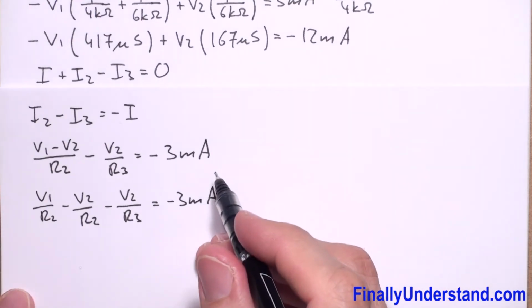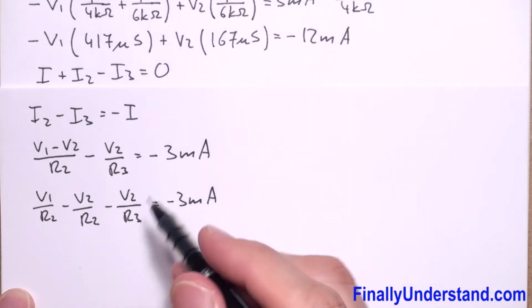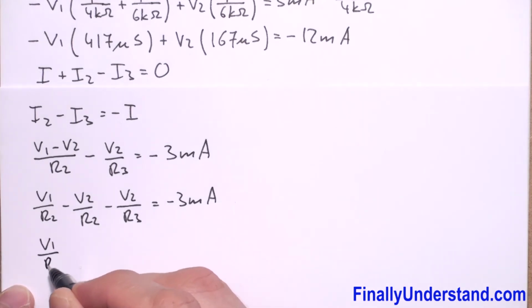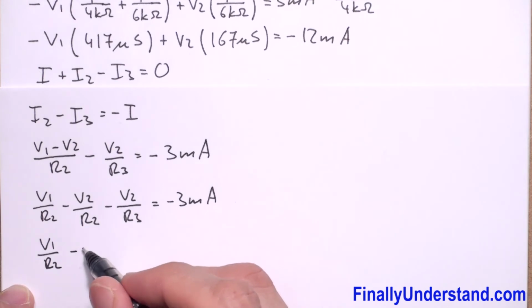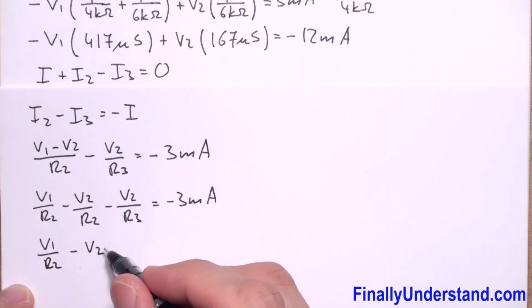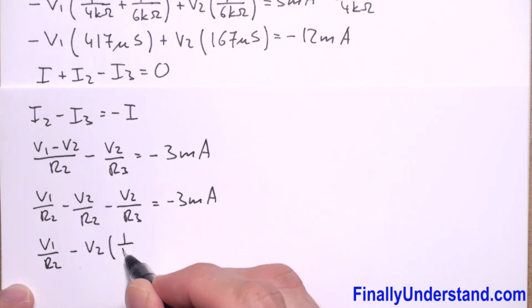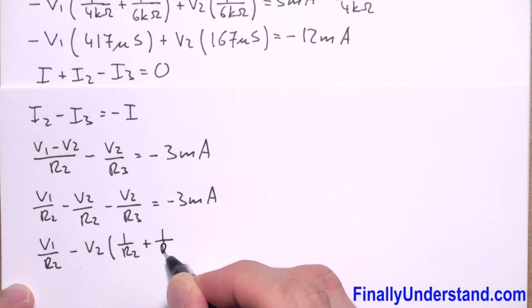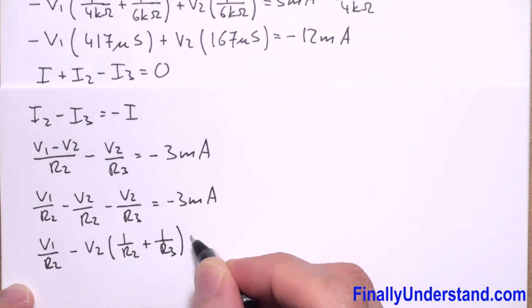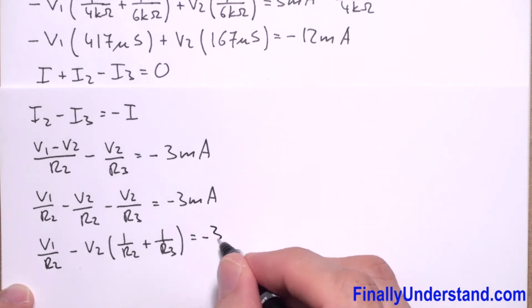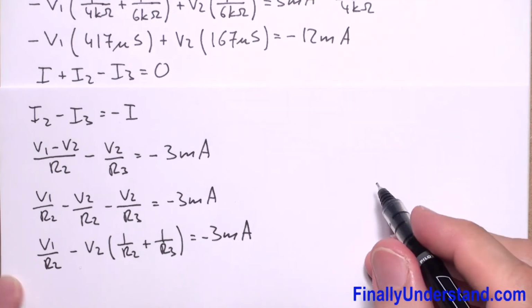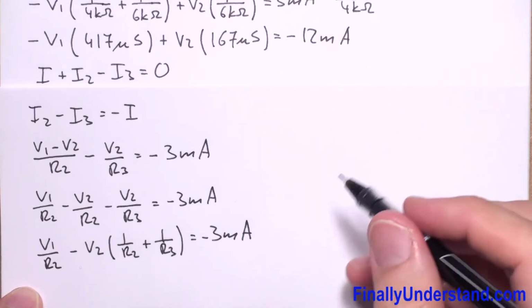Next, we're supposed to simply do factoring, so just make V1 over R2 minus V2 times 1 over R2 plus 1 over R3. This is equal to negative 3 milliamps. Okay, so now we're supposed to plug in the numbers.